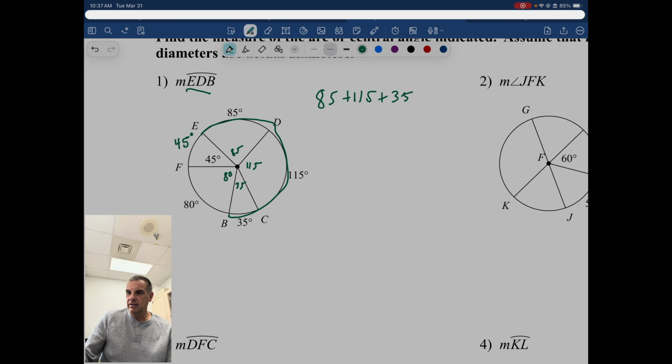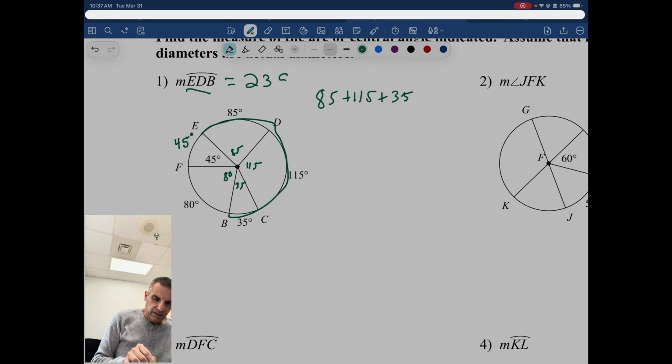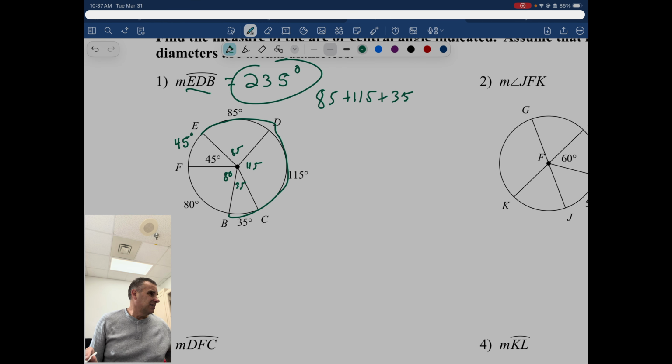Take out the calculator. 85 plus 115 plus 35 is 235. So the measure of that arc is 235 degrees. Pretty straightforward. Question number 1.